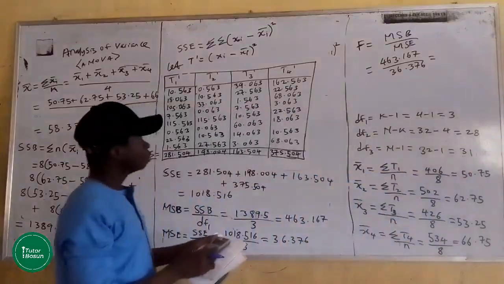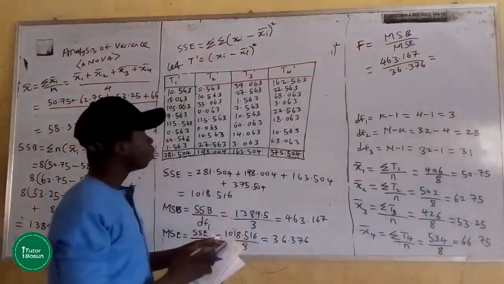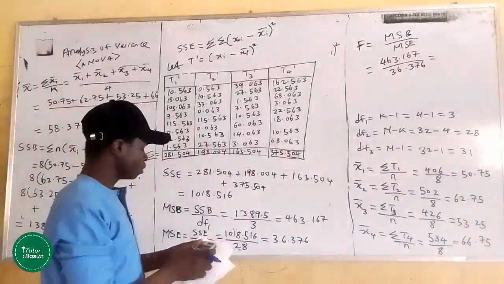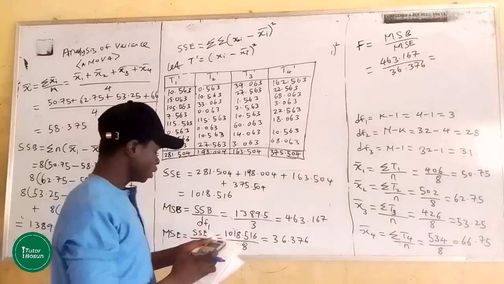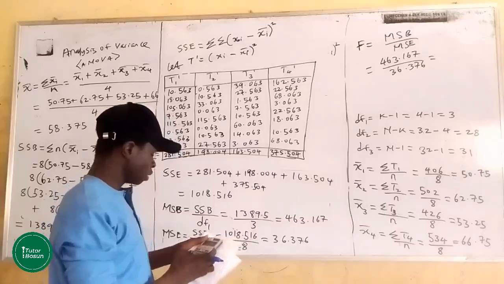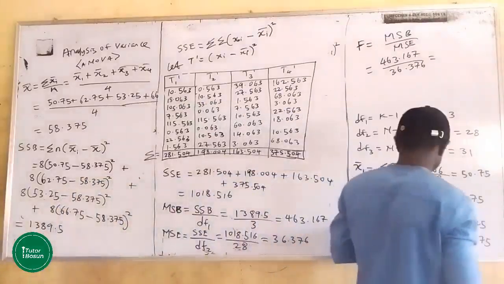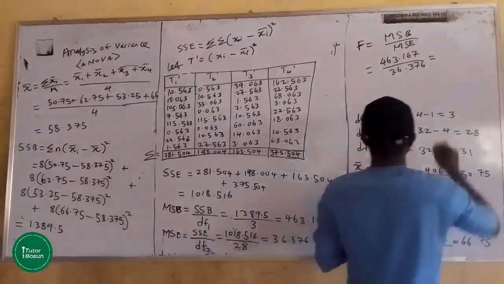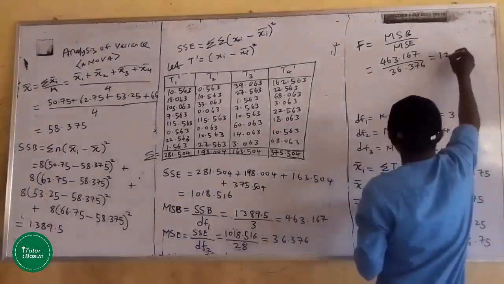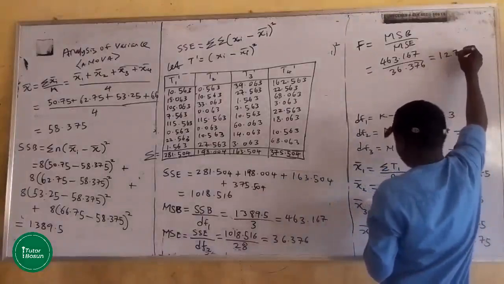If you do that very well, this rounds off to 12.733.